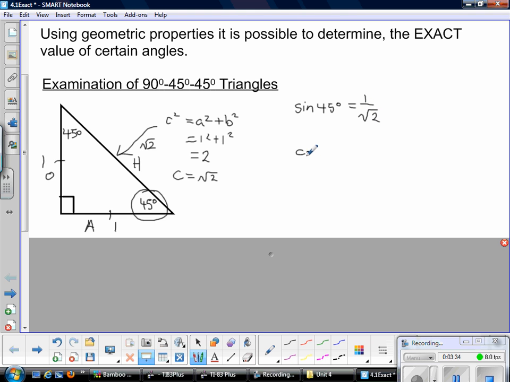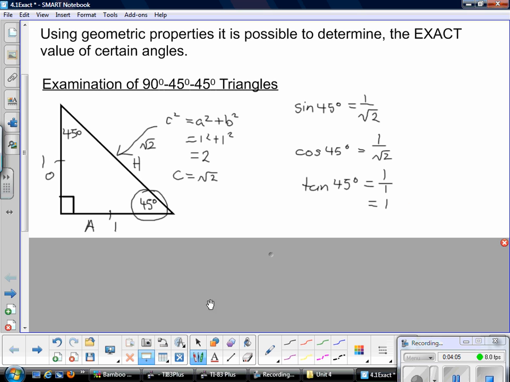And the cos of 45 is adjacent over hypotenuse, which turns out the same thing. So if you took your calculator, the sine of 45 and the cos of 45 are the same number. And I know tan of 45. Remember, tan is opposite over adjacent, which is 1 over 1, which equals the number 1.